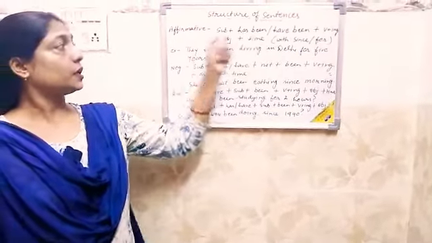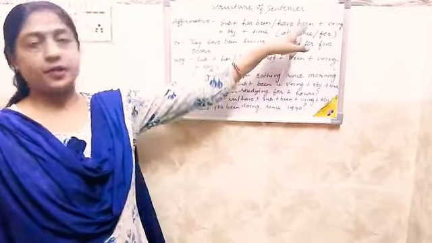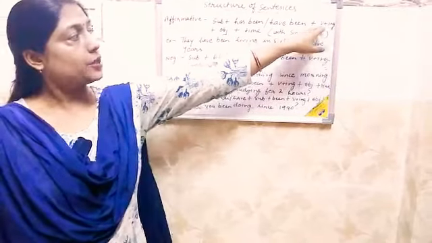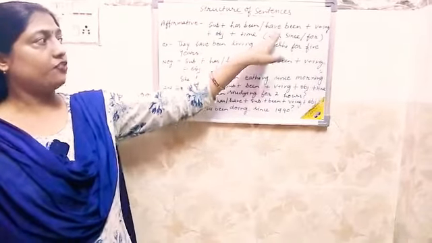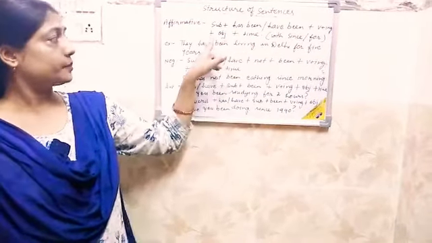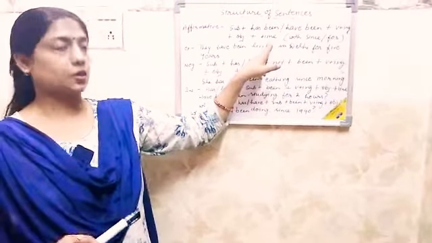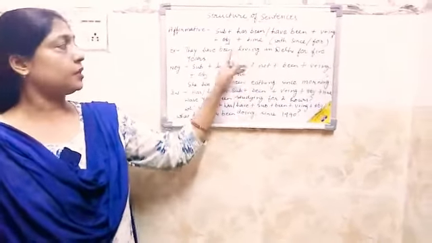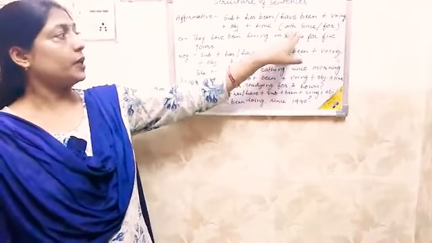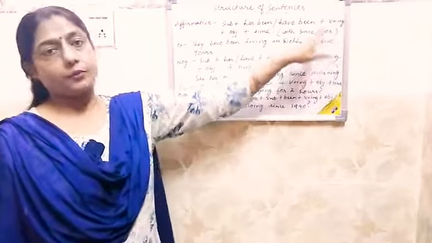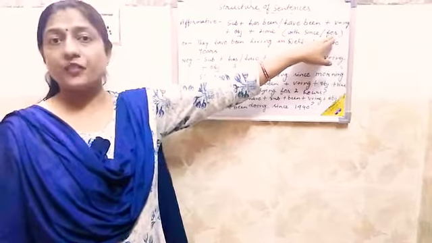Affirmative. In affirmatives we have to use has been, have been and the ing form of verb: subject plus has been, have been plus ing form of verb, then object plus time. It is sometimes given, sometimes not. But most of the times the time of the action going on is also given with since or for. Before the time we have to use since or for as preposition.